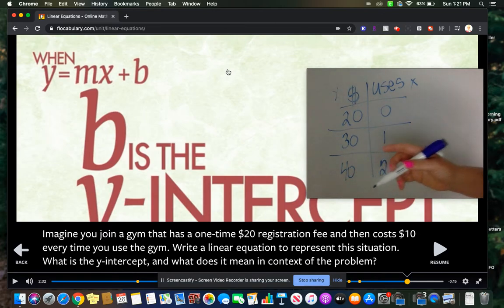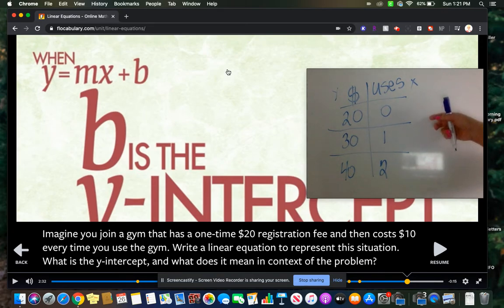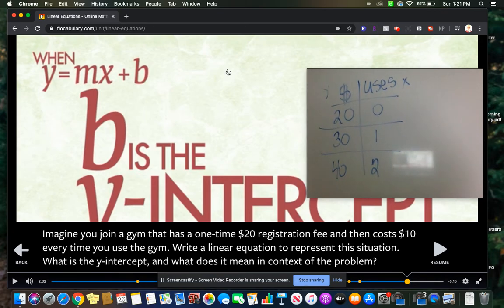Now watch how I put it into the change in Y over change in X format. I'm going to put it on this side right here. So Y2 minus Y1 over X2 minus X1. Okay, I'm going to pick any 2 points on this line.